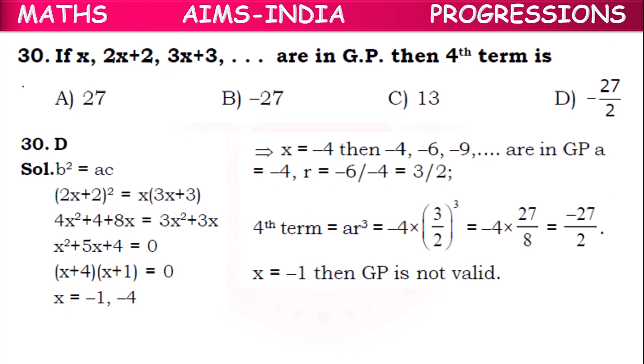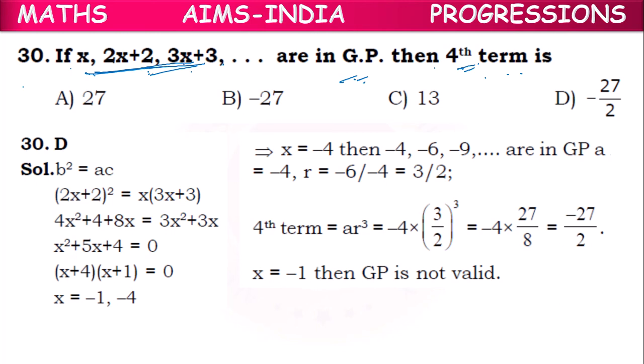Next, children. 30th. If x comma 2x plus 2 comma 3x plus 3 are in GP, then 4th term how much? These 3 terms are in GP, then what about 4th term?